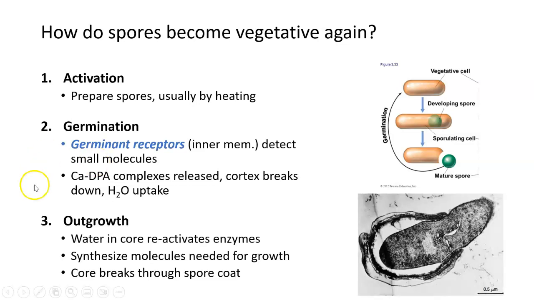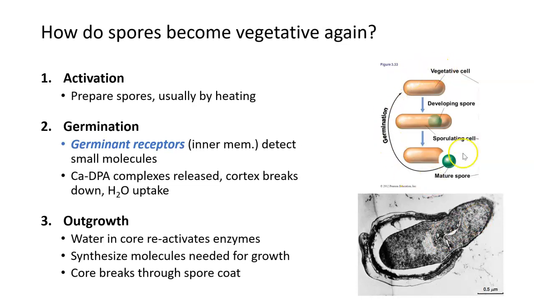And then ultimately, once that water reaches the core and the enzymes that are inside the core are reactivated, the core can actually burst forth through the spore coat and go out into the environment as a vegetative cell again.